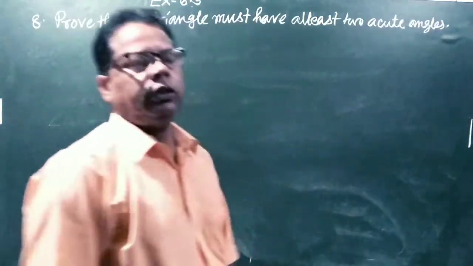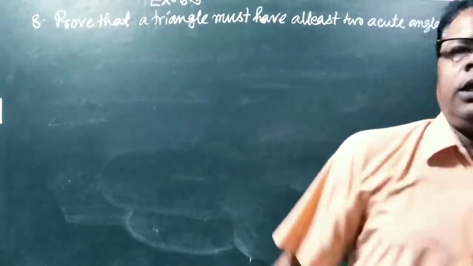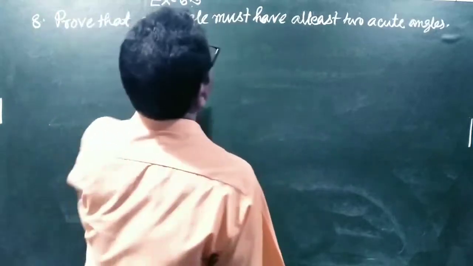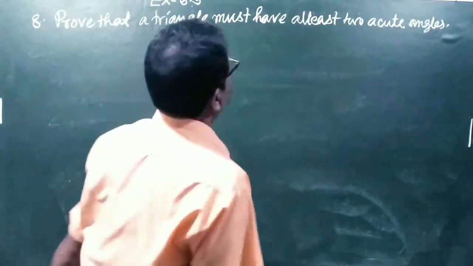So this is our question: a triangle must have at least 2 acute angles.